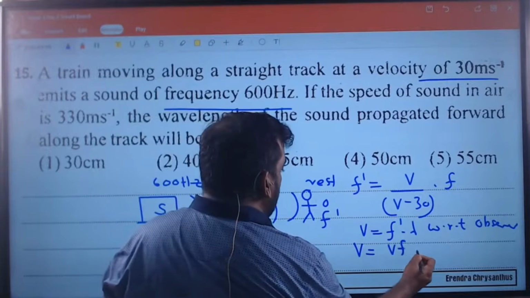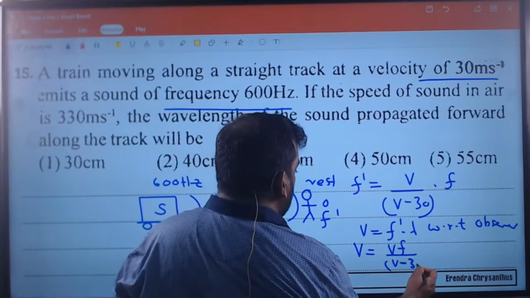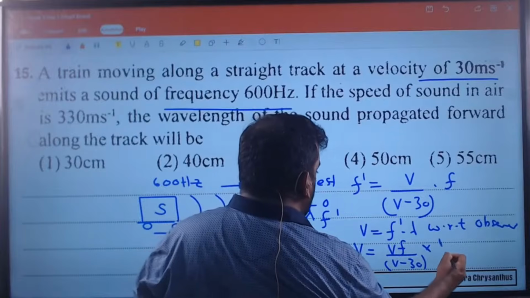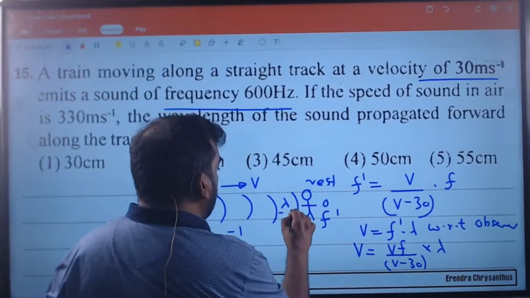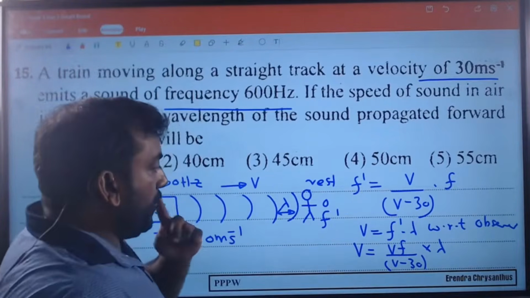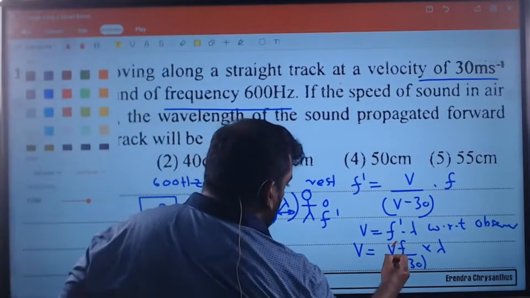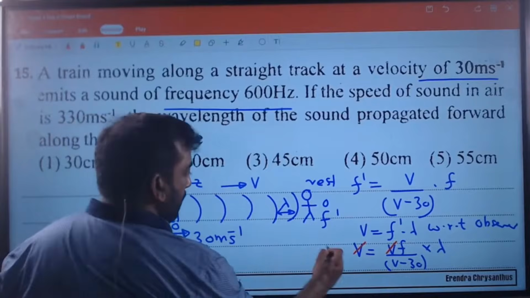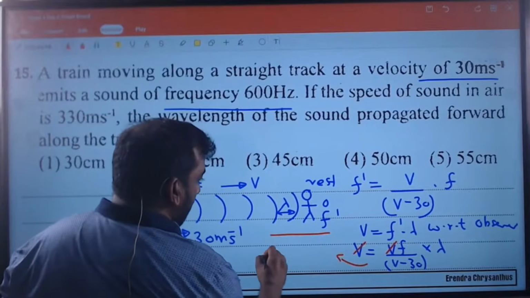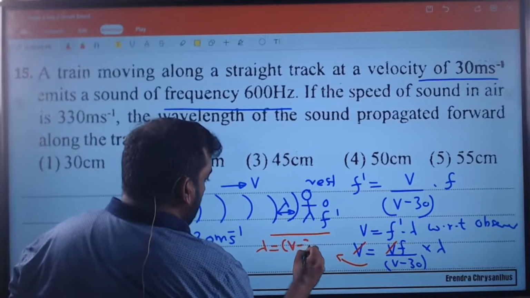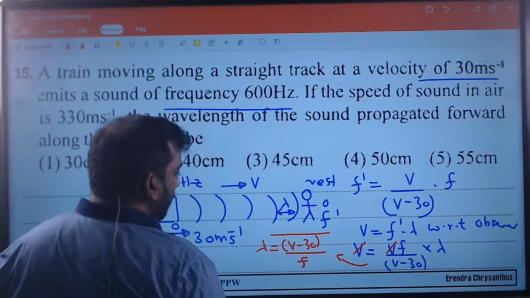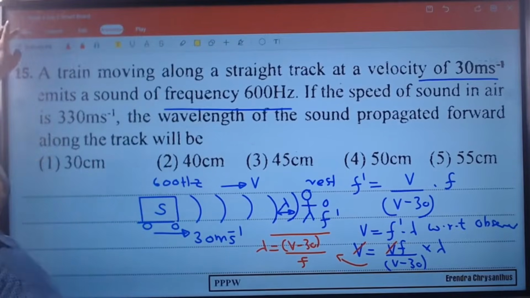F dash is v divided by v minus 30 into f, and that equals v divided by lambda. Lambda is the wavelength he will hear. I can cancel v and v off. From here you can say lambda is equal v minus 30 divided by f.